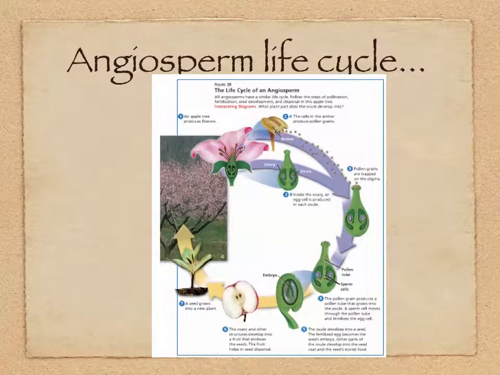And the pollen tube grows just like it does in gymnosperms. And the seeds are developed from the embryo where it has a fruit around it, and that fruit is designed to nourish the young seed.